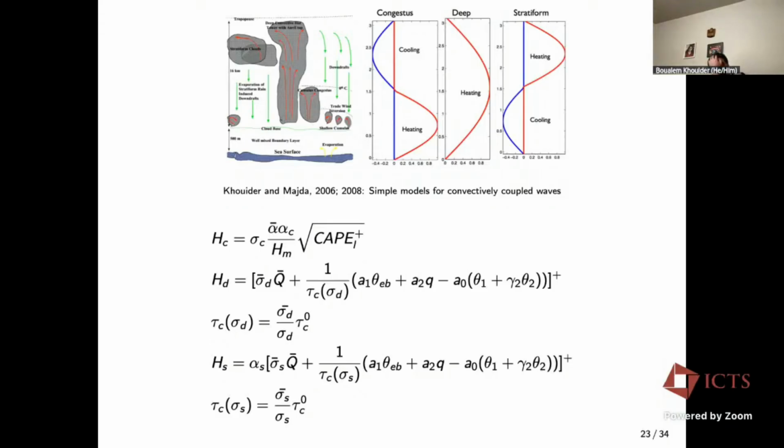So, I don't know. I suspect it's probably true for things like mesoscale systems that would be very important. So what is she suggesting? That there would be more like deep and stratiform only, with no congestus and things like that. Yeah, I don't know. Maybe we can discuss later.